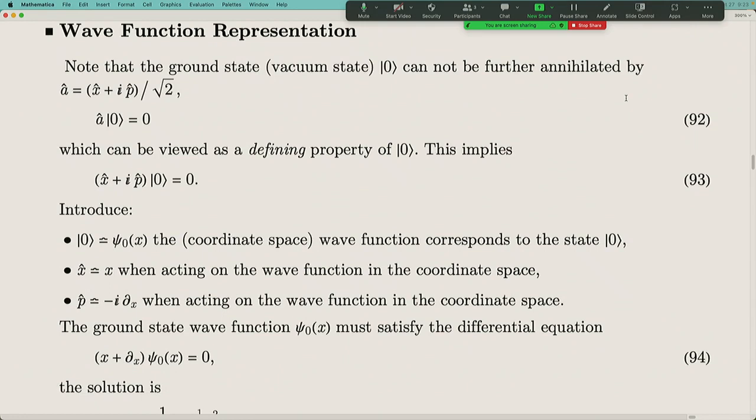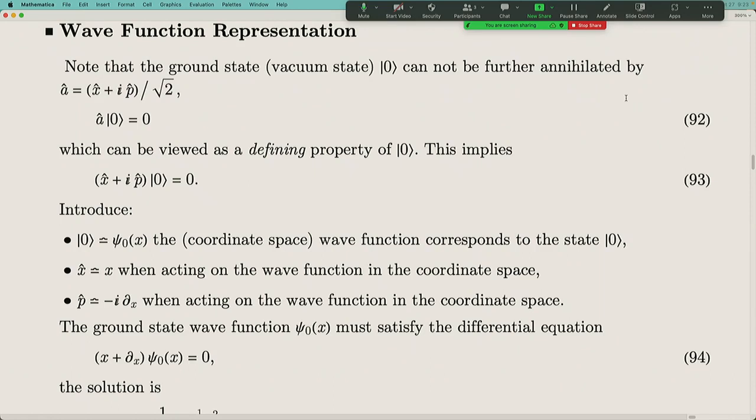That is the annihilation operator acting on the 0 particle states, which cannot further annihilate the bosons, so it basically gives you a 0. So that means there's some state which corresponds to the ground state or the vacuum state, that if you apply this annihilation operator, which looks like that, it goes to 0, which means x plus ip acting on that state is 0.